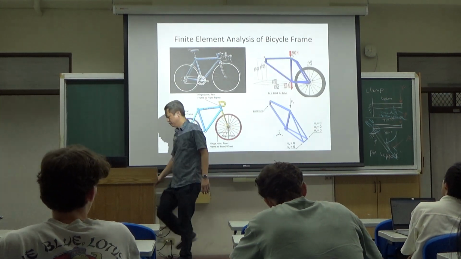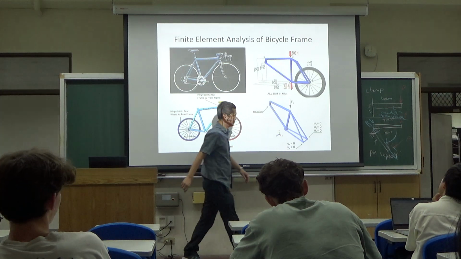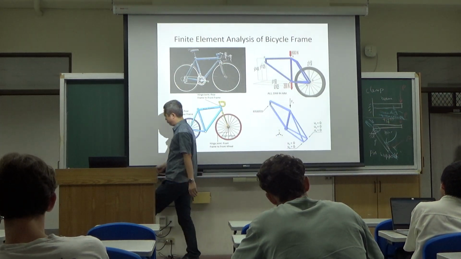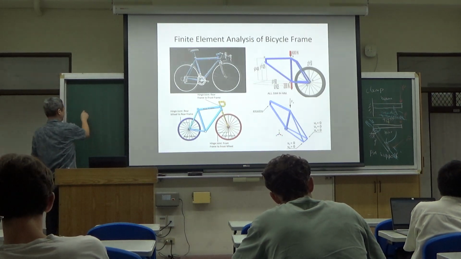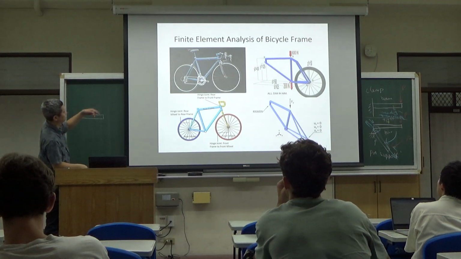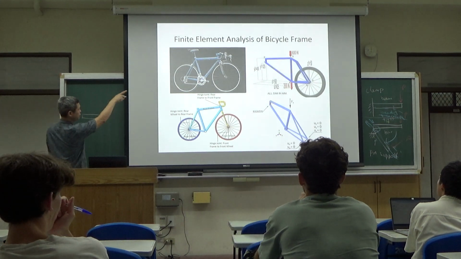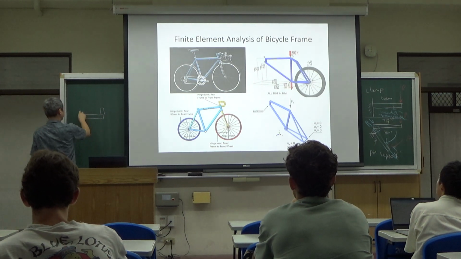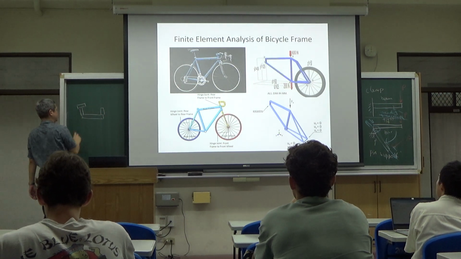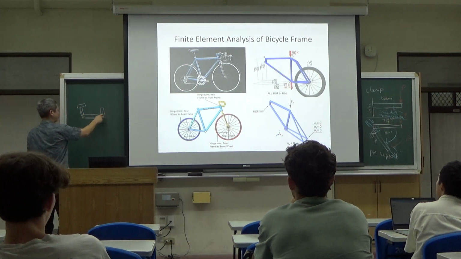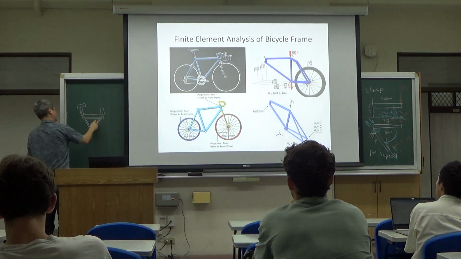So if you now want to make a frame, a bicycle frame, let's say I make a triangle. Imagine this is a crossbar, this is your steering, and this is your seat. This can be treated as one whole body, but it's going to be supported by weight.